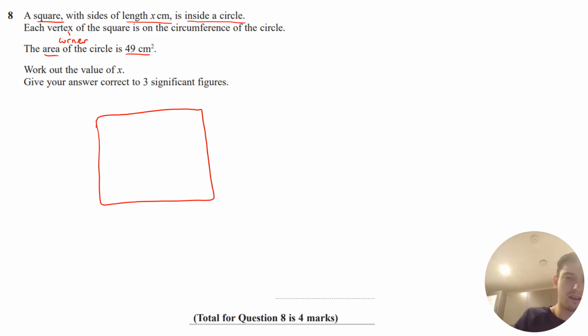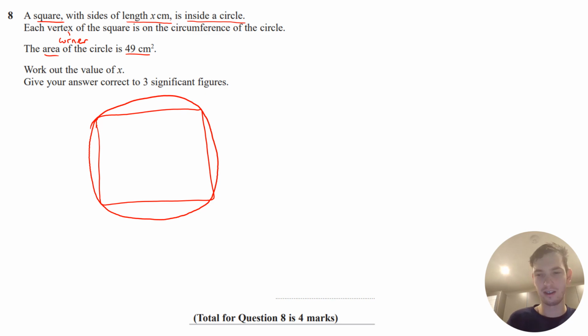So I'm going to put the circle on the outside. So let's try drawing a circle so that the corners of the square are just touching the circle. Not too bad of a drawing. And I'm told that the side length of the square is x. So I'll put x on as the side length. Okay, it then says the area of a circle is 49.